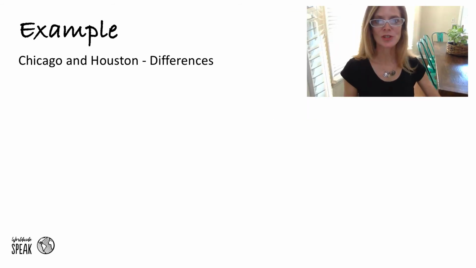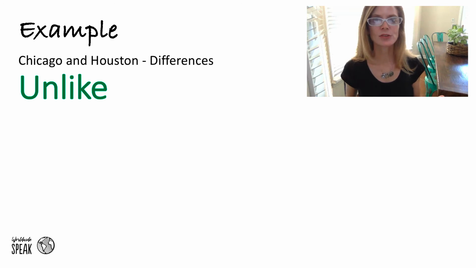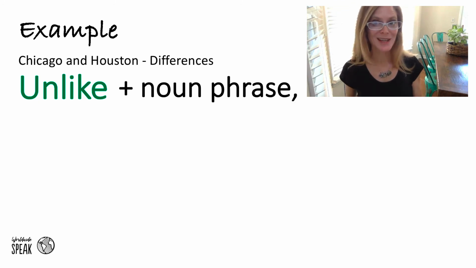All right, so we just did an example with in contrast, and now let's do an example with unlike. Like the transition word like, this also takes a noun or a noun phrase followed by a comma. Let's see what this looks like in real life writing.